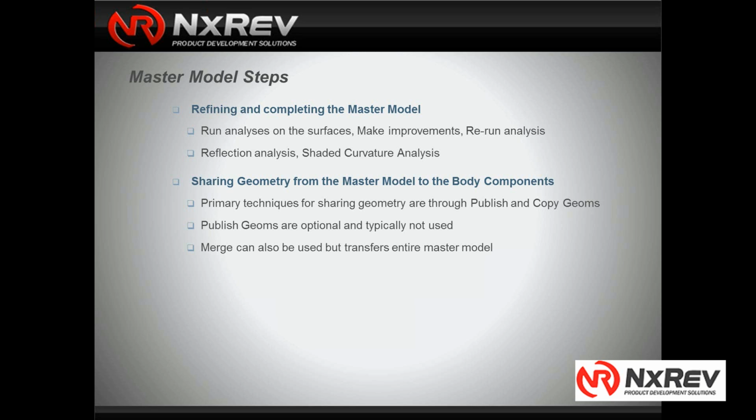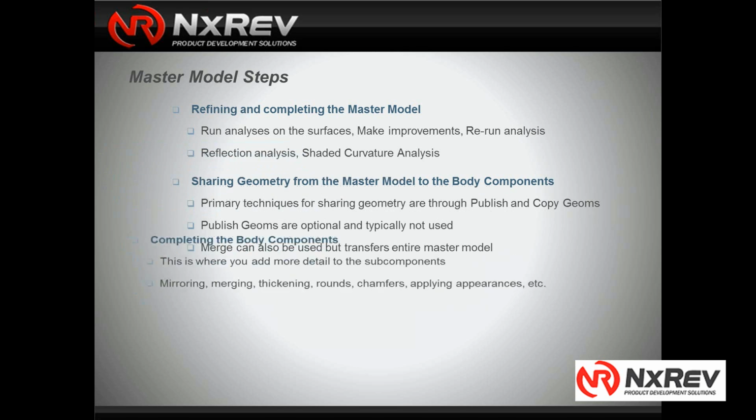Merges can be used, but there's a lot more work involved because they merge the entire master model into the subcomponents, and then you have to chop them up to leave only the surfaces that you need for, say, the upper or lower half. So it's not a very efficient way to do it. Copy geoms are the way to go here.